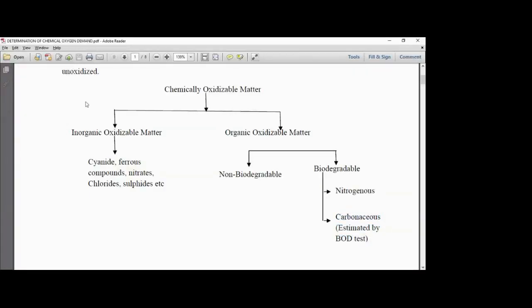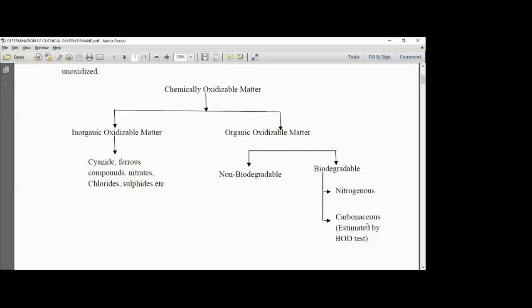But now, when we are dealing with the COD, we are going to find out the oxygen requirement for the oxidation of all the oxidizable matter. Now let's understand one more difference between BOD and COD.